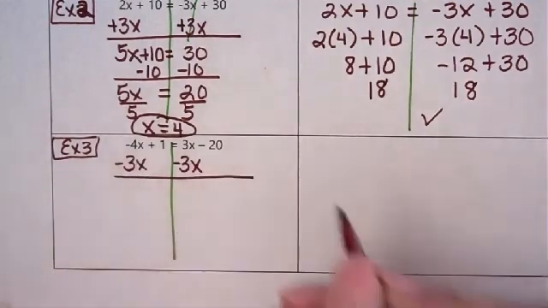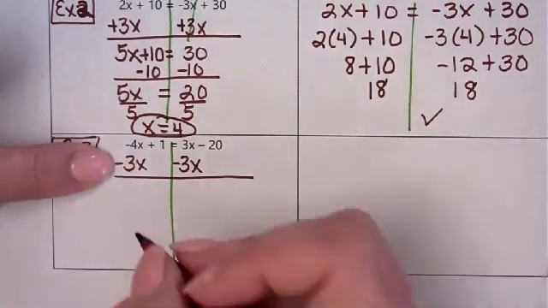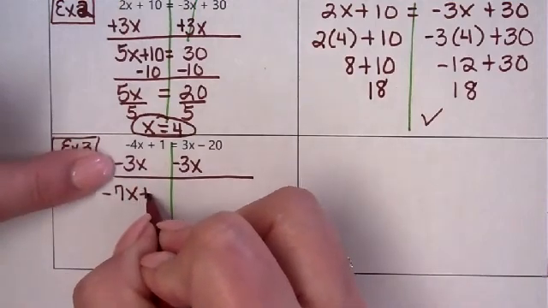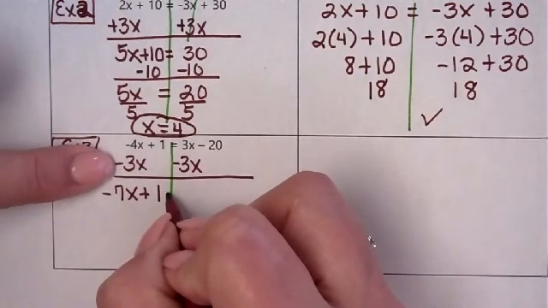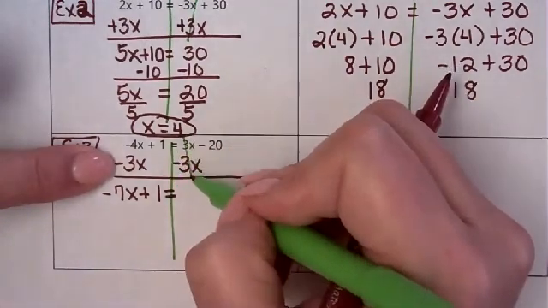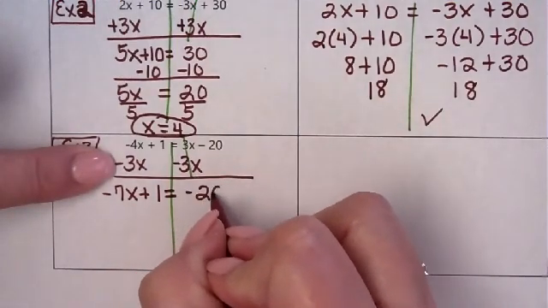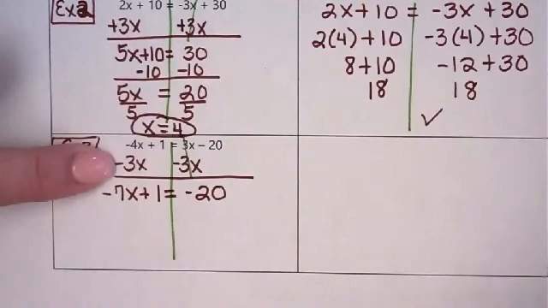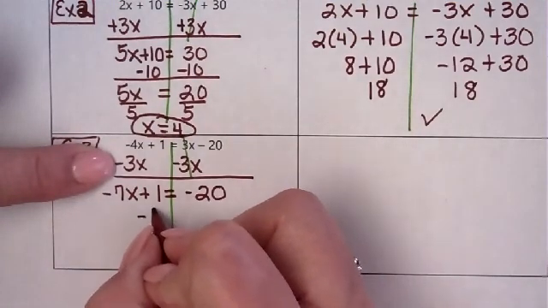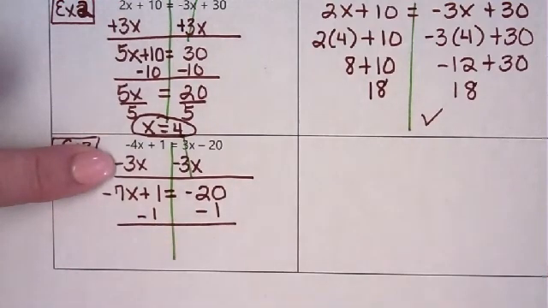Now I got to be careful of my signs right here. Negative 4x minus 3x is negative 7x. I bring down my plus 1 right there, equal to, now over here, those 3x's are going to cancel each other out, and that leaves me with negative 20, just like that. Now, next thing I'm going to do is subtract the 1 from both sides so that my numbers are together on the right side.